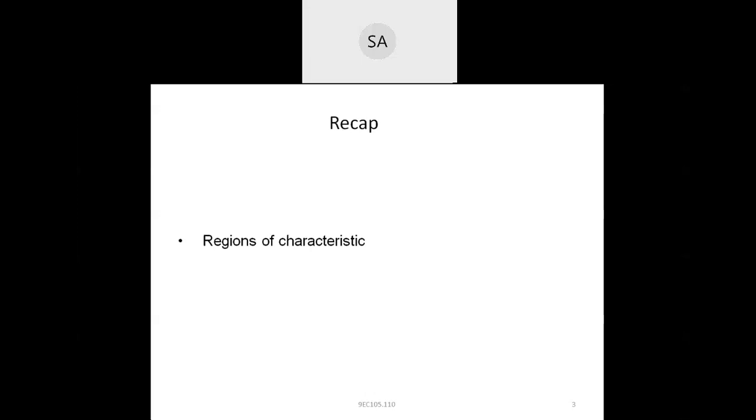We discussed the regions of characteristics, that is, the drain characteristics of JFET, which is also known as the output characteristics of the JFET. It consists of different regions.